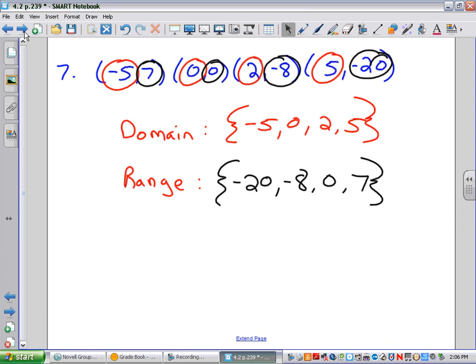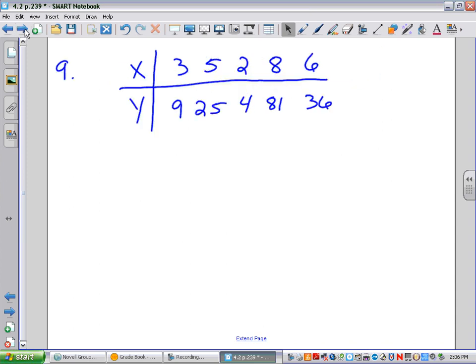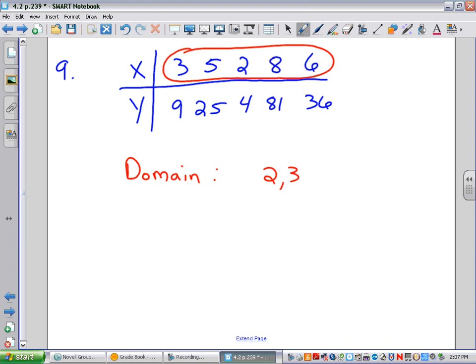I want to do number 9 with you. Number 9, they give me the numbers as a table. So my domain, again, my directions here are just state the domain and range, and I'm going to put them in order. It's all of these numbers here. It's all the x numbers in order. 2, 3, 5, 6, 8.